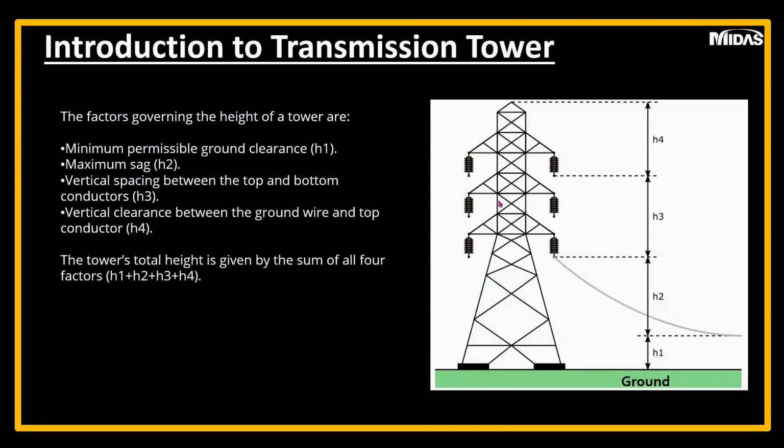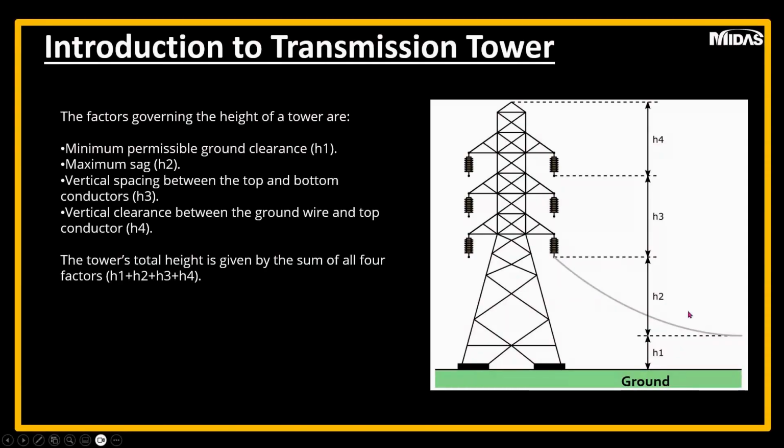The basic factors governing the height of the towers are as follows. It requires the minimum permissible ground clearance, that is H1. If this is our ground, we require the minimum permissible ground clearance, and then these conductor cables are in tension and will be subject to loads like wind and ice loads in some regions. Because of that, there will be sag developed in these conductors.